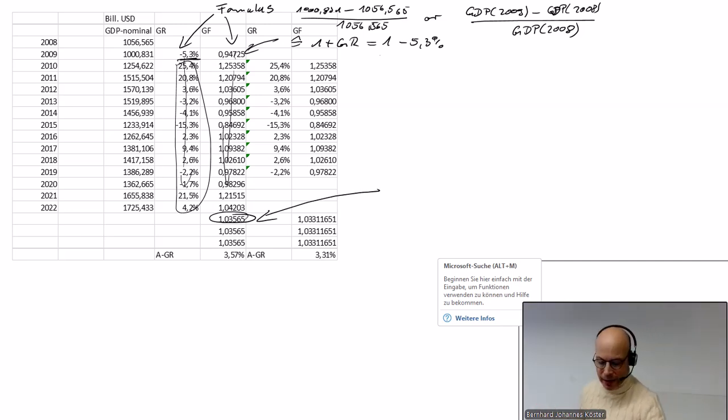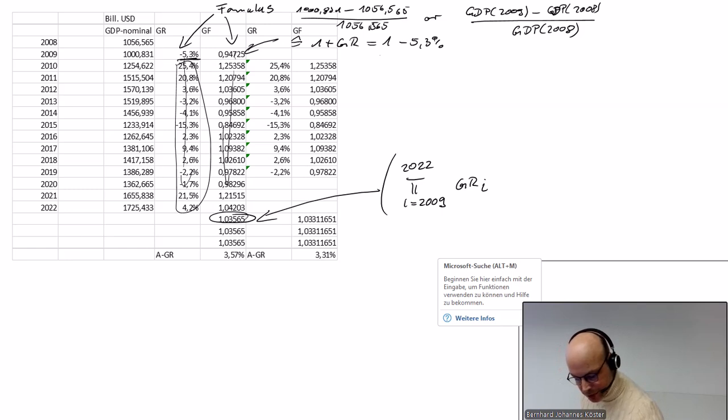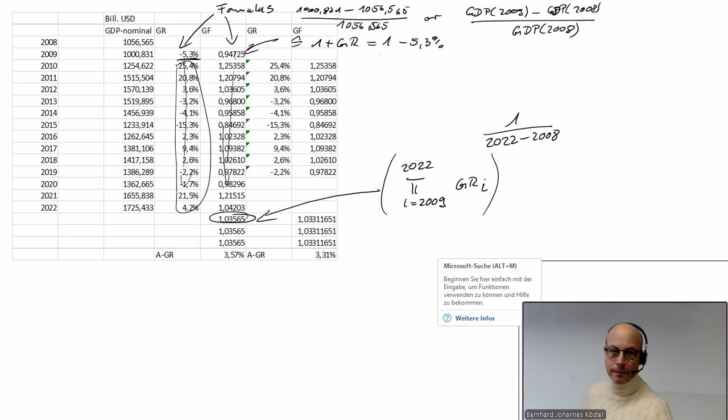You can then write down here, okay, this is the product of i starting at 2009, growth rate of i until 2022, brackets to the power of 1 over 2022 minus 2008.